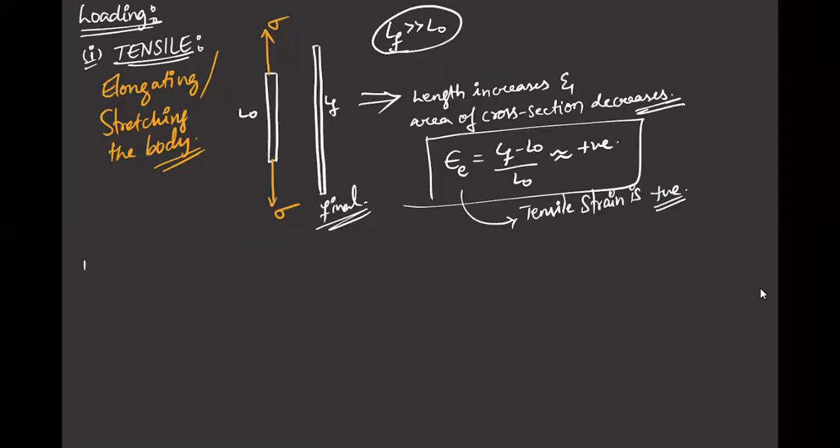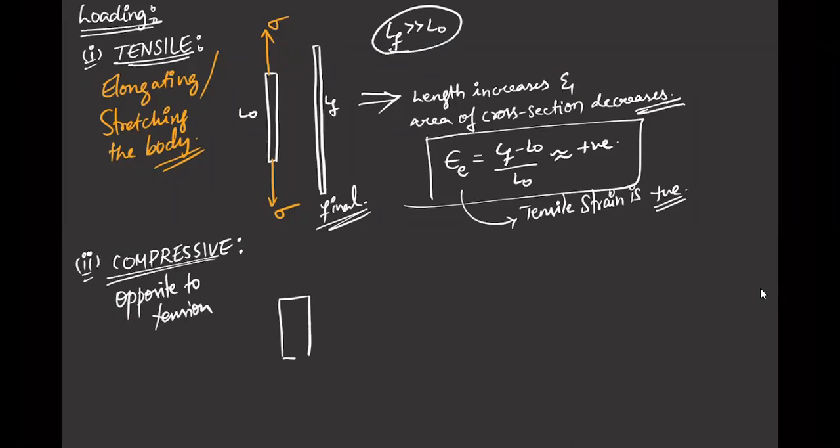Before that, quickly I'll just give an idea about the other two loadings also, that is compressive loading, where it is quite opposite to tension. So the forces will be just opposite. For example, if I'm having some body like this, these are my compressive loads.